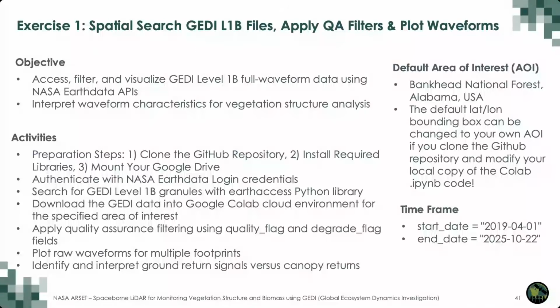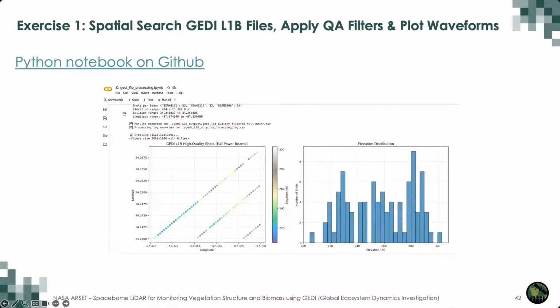We will focus on the entire set of observations collected to date from the GEDI mission, starting in April 2019, all the way through October 22nd of this year. All right, let's get right into the Python notebook.